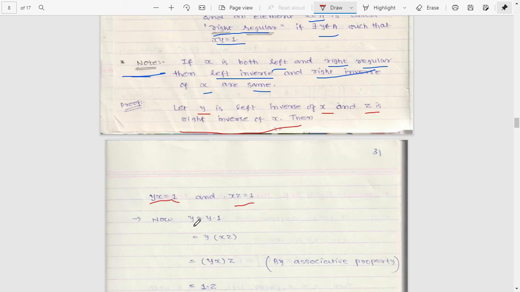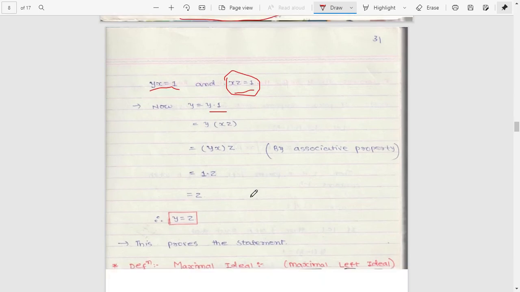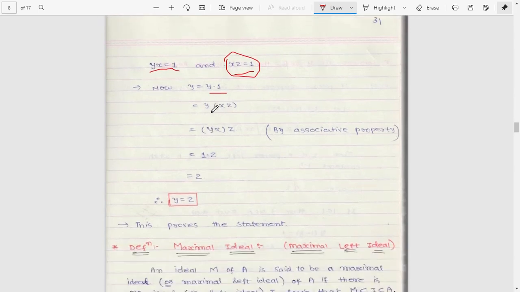Now y is equal to y into 1, and 1 is equal to x into z. So by the associative property, y into x into z, now y into x is equal to 1, so 1 into z is equal to z, so y is equal to z. We prove the statement.